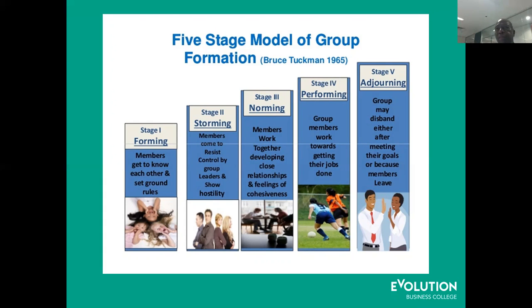The resistance is not really hardcore, but in terms of body language, not being totally on board, and being a little hesitant in playing along. That begins to cause some friction and some misunderstanding.